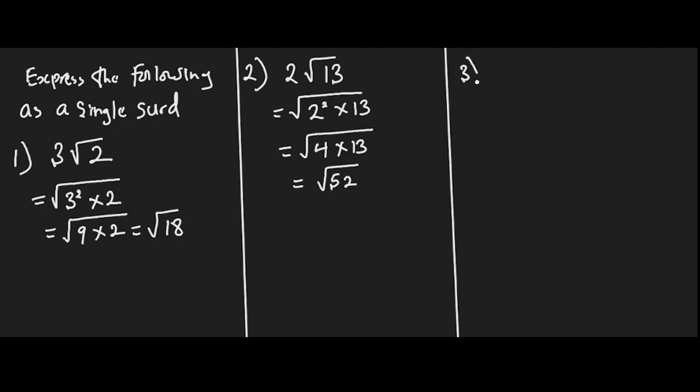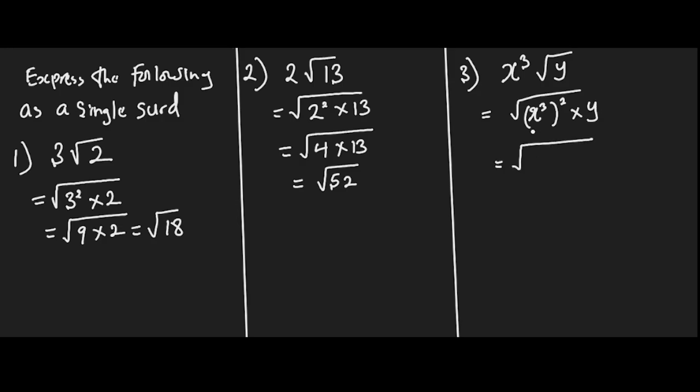Another example, if we have s raised to power 3 root y, we have this case. We are also to express it as a single surd. Same thing is applicable here. We draw the root sign, bring this in, s raised to power 3, and multiply the power by 2, times y.